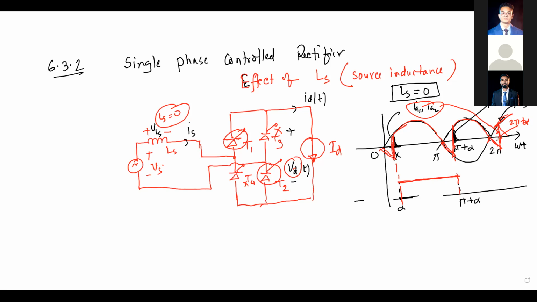So we already got this voltage. Our output voltage will be like this. And then we have already got the average level of the output voltage, that was VD alpha equal to 0.9 Vs cosine of alpha. Can you remember this? Yes, sir.